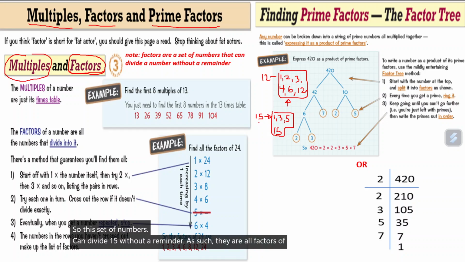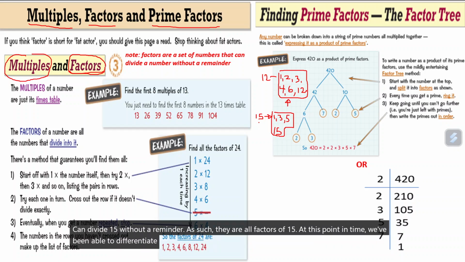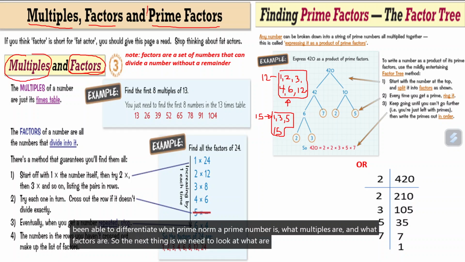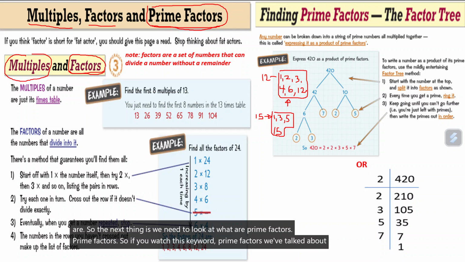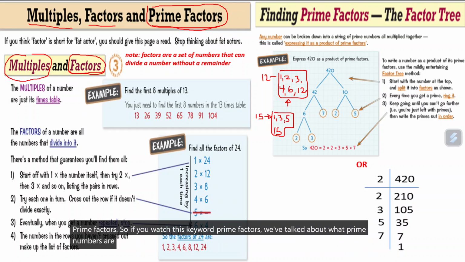At this point, we've been able to differentiate what a prime number is, what multiples are, and what factors are. So the next thing is we need to look at what prime factors are. If you watch this keyword, prime factors, we've talked about what prime numbers are and what factors are.